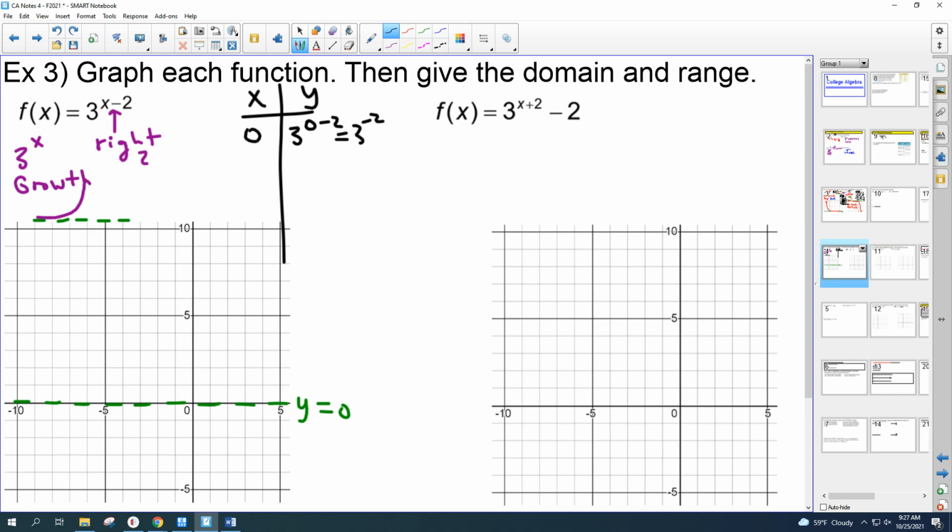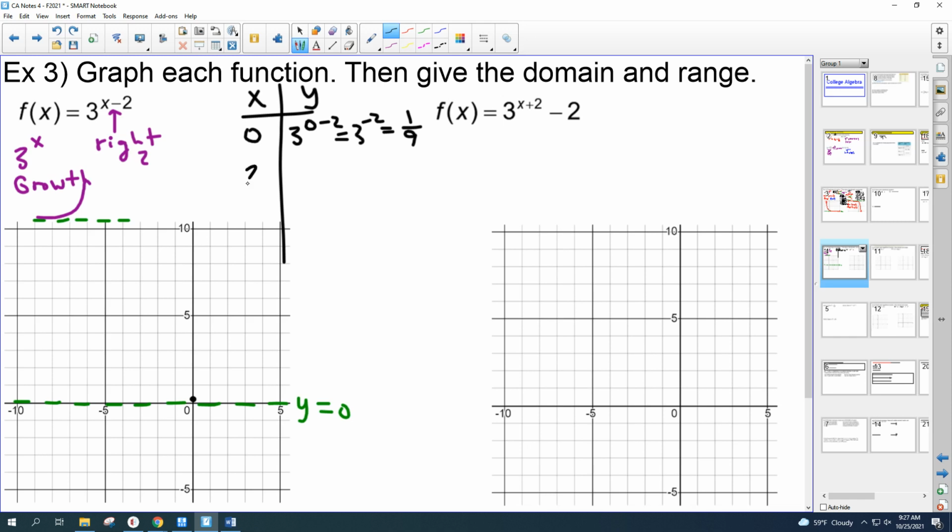That's 3 to the -2nd power, and that's fine. We should be able to deal with that. 3 to the -2nd. Flip it and square it. It's going to be a fraction 1/9. So I've got the point 0, comma 1/9. Do your best. I know it's kind of hard to graph that. The graph's not big enough to do, but just do your best.